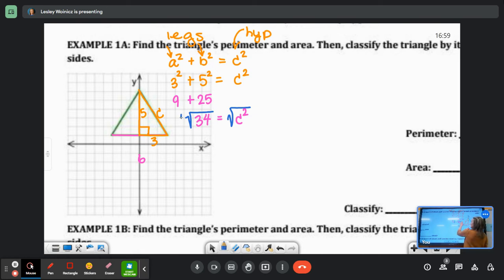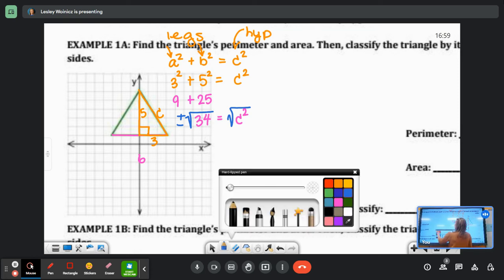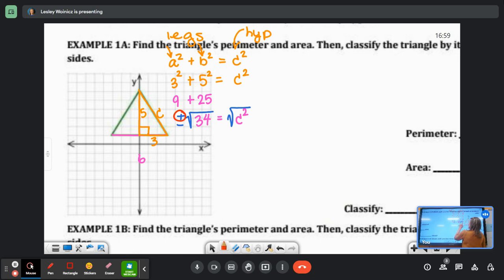One is positive, the other one is negative. Because we are after a length, we do not want the negative one, we just want the positive one. So our c is going to be the square root of 34, the positive one. Okay, so that is this guy right here.